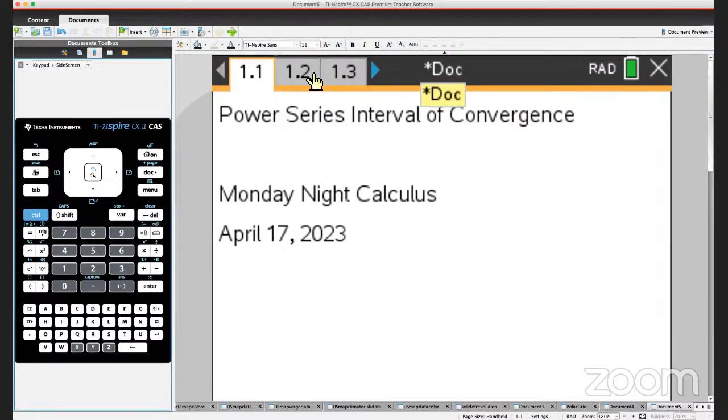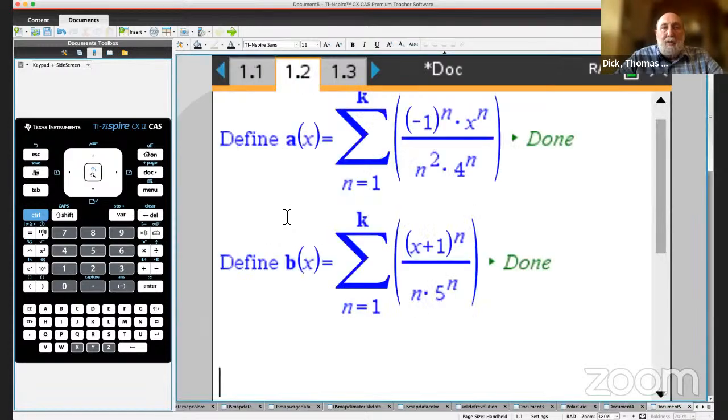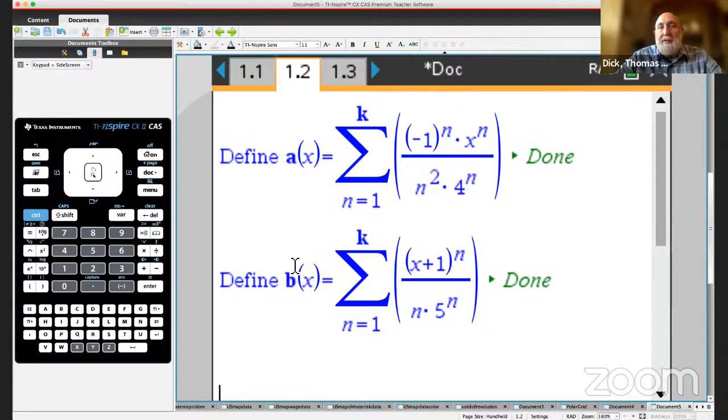Okay. So what I've done here on the Nspire is just gone ahead and defined a couple of functions that are going to represent, well, it's not exactly the power series. For example, in part A, the power series that Steve was illustrating for us was from n equals 1 to infinity.